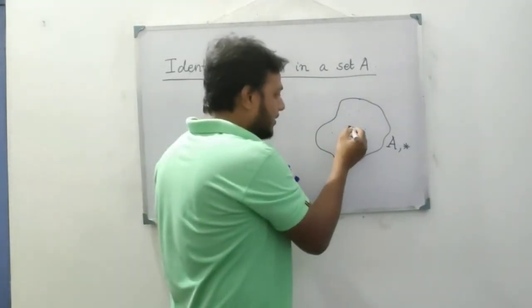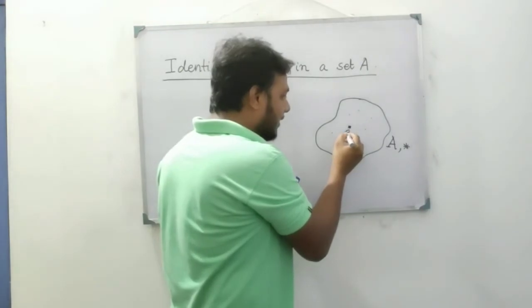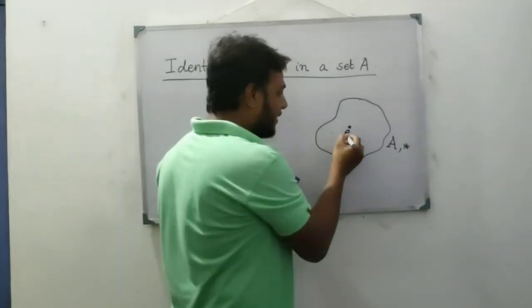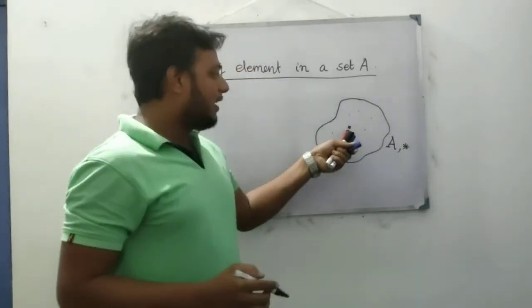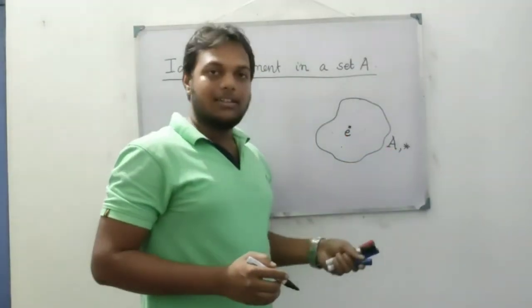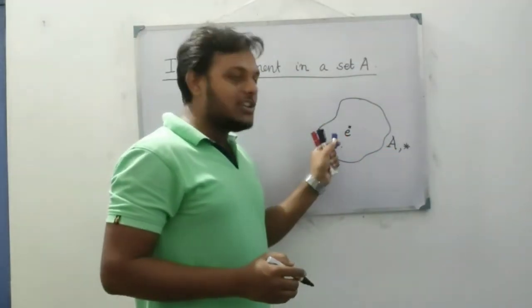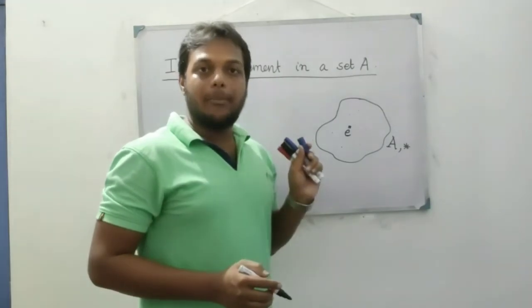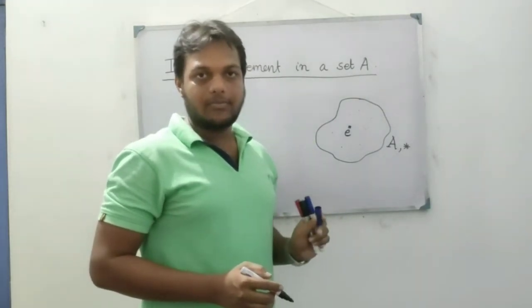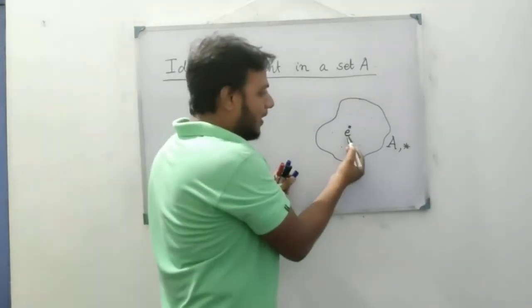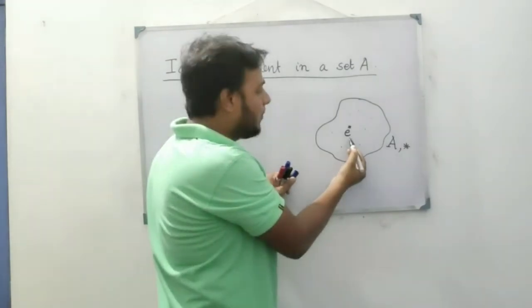There are so many elements. An element I name as E. An element E in the set A is said to be the identity element if this element has the capability to give back every element.